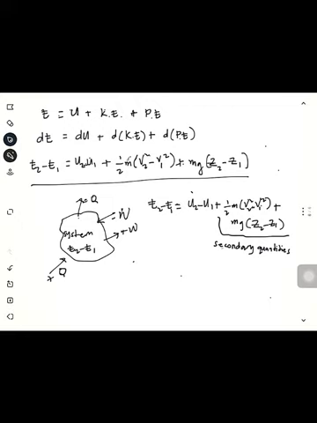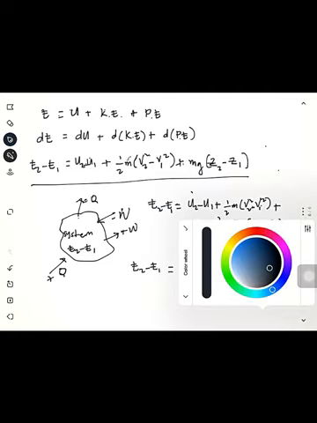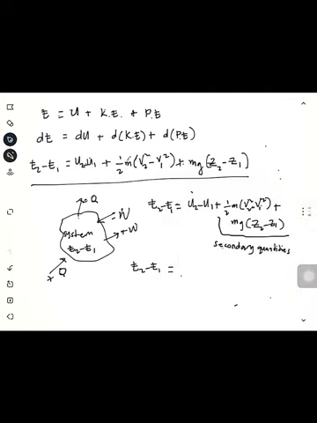So we can now neglect the secondary quantities, given that the potential and kinetic energy are zero. Therefore, the difference in energy E2 minus E1 is simply U2 minus U1.